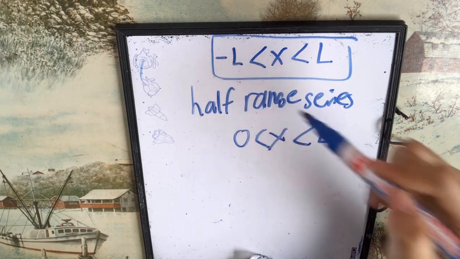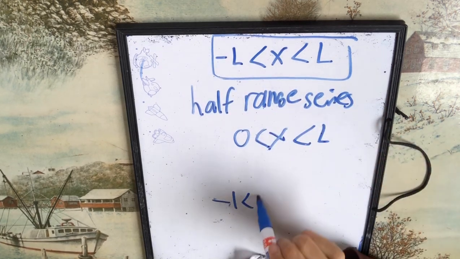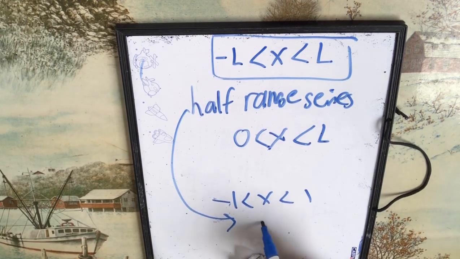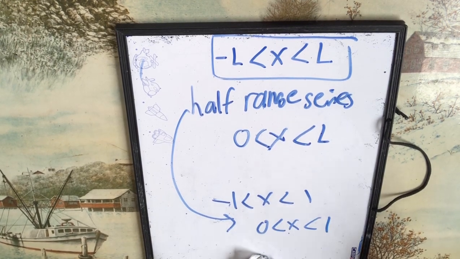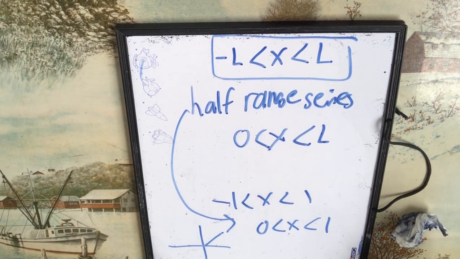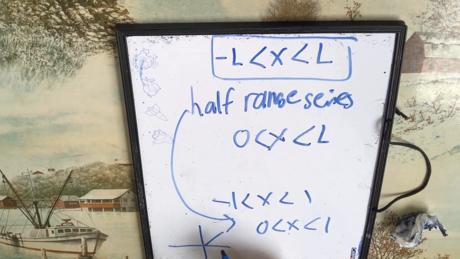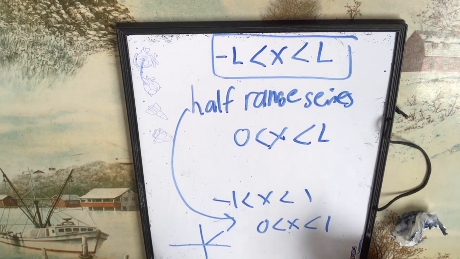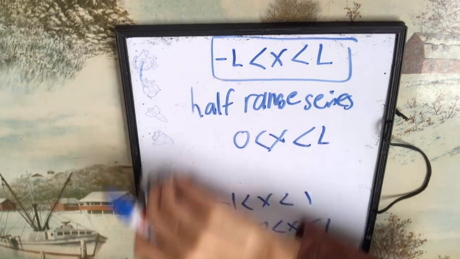Before this it was from negative 1 to 1, so now for half range series, it will be from 0 to 1. You just draw the graph of the function. Let me give you an example.